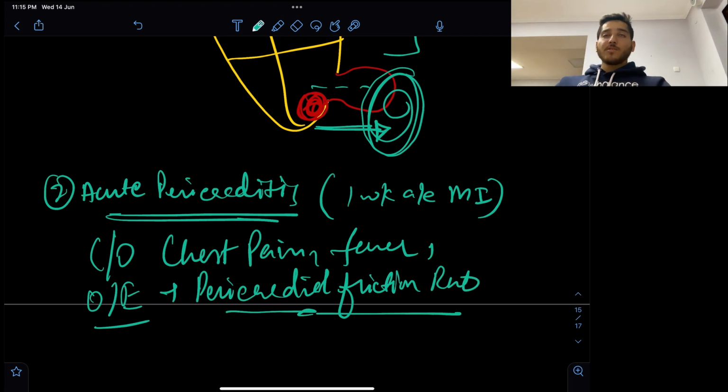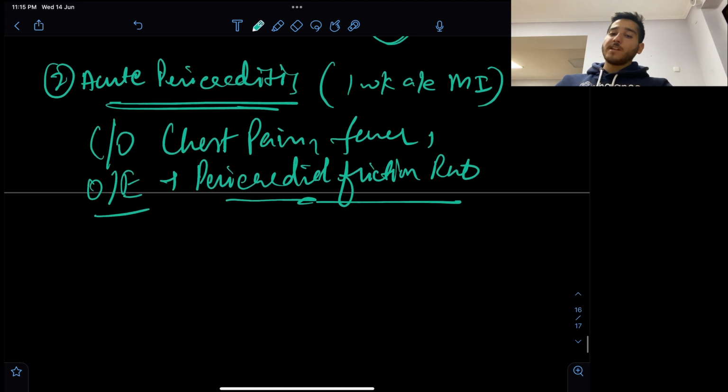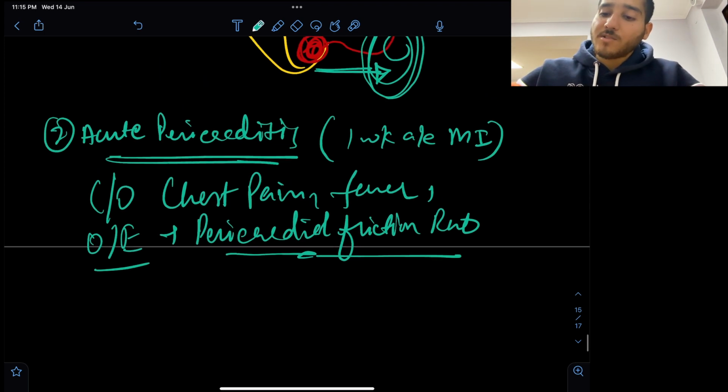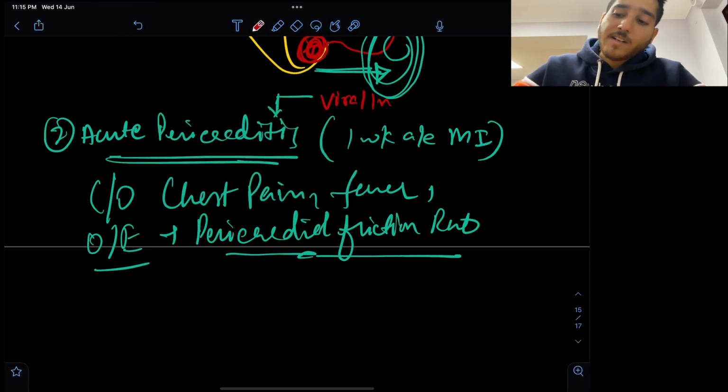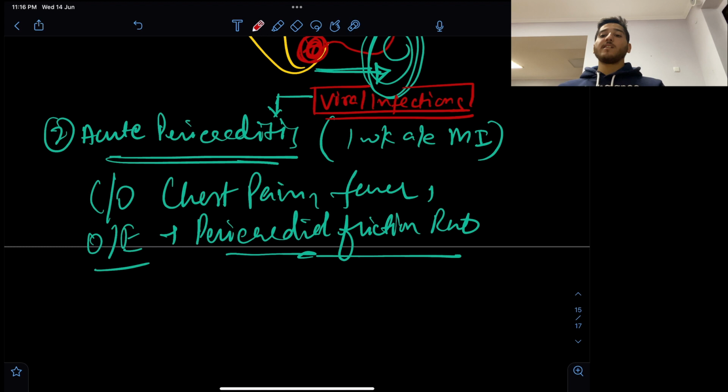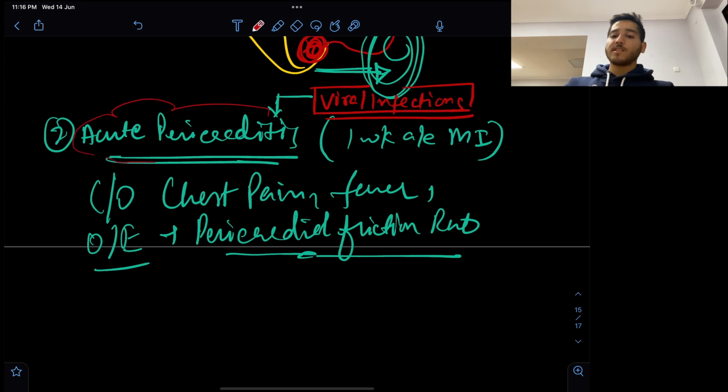So you can get to know that this is a patient of acute pericarditis. Acute pericarditis can also occur after viral infections, so it is not mandatory that it will occur after myocardial infarction only. After a viral infection, you'll get a patient with chest pain and fever, there can be pericardial friction rub present, so you'll get to know that this is acute pericarditis.